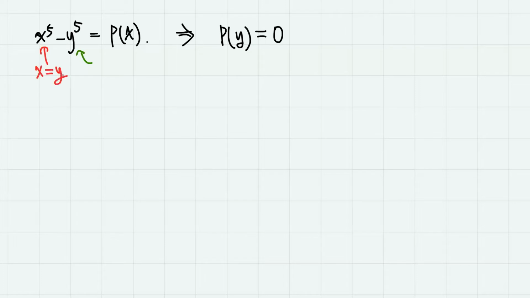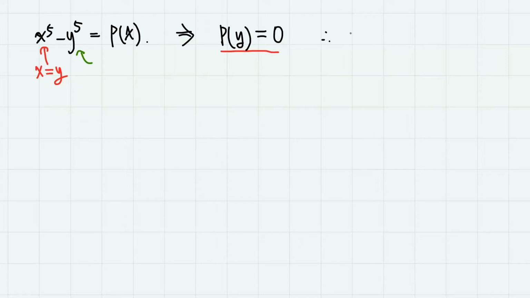Okay, now it's time for the fifth power. And here, consider x to the 5 minus y to the 5 as the polynomial of x, and let's call it p of x. That is, let's think for now that y is some constant and only x is the variable. Then you can notice that p of y equals 0, which means that if we plug in y instead of x, then it will give the value 0.